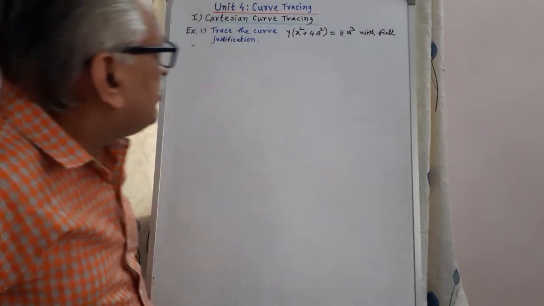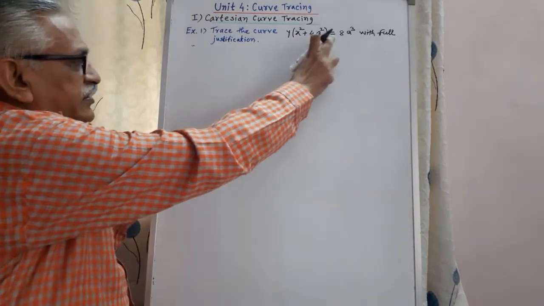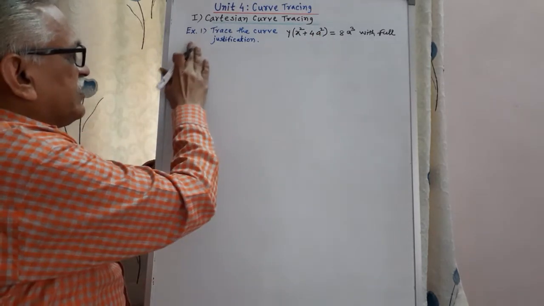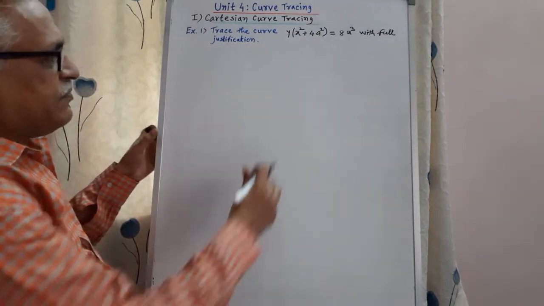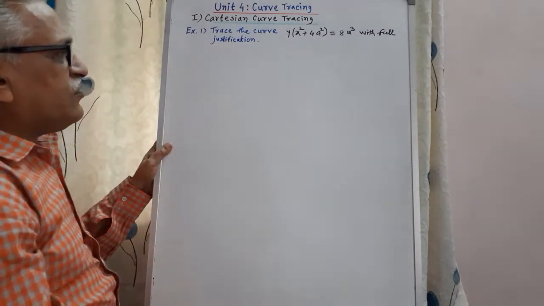Okay. Once again, it is in terms of x and y, means it is Cartesian explicit type, because we can express y in terms of x.